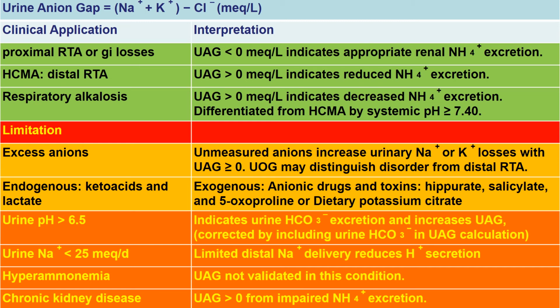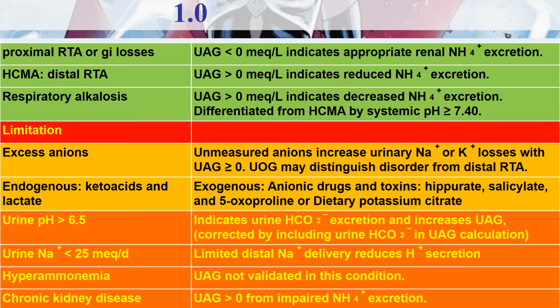So you have to make sure that you check a urine sodium. The urine sodium should be at least 25 and above to be able to check for a urine anion gap and its contribution to a patient with a non-anion gap acidosis.